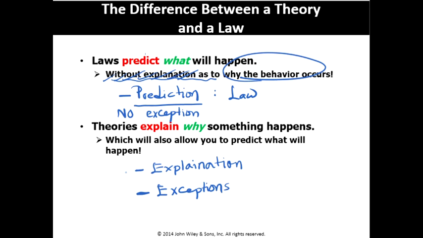Right now, when we have an exception, we don't call it law. We call it theory. It means we did some experiments on the metallic materials, and we found out they are solid except one of those. We call that liquid.